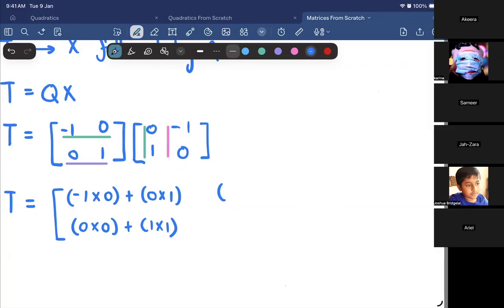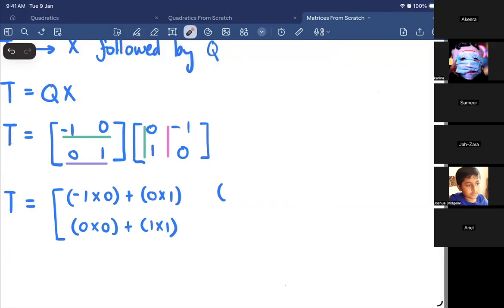Joshua, help me with this. So what am I gonna write, Joshua? Nah. So here, Joshua, we multiplied everything by this column, so now we're moving on to this other column.